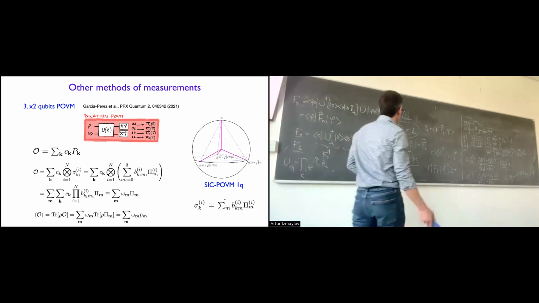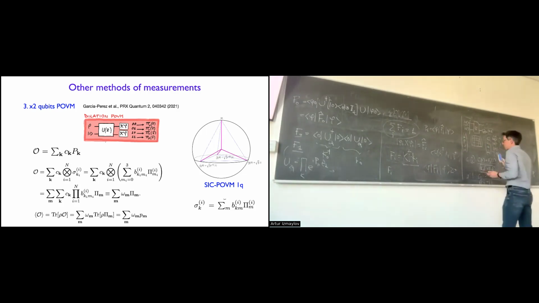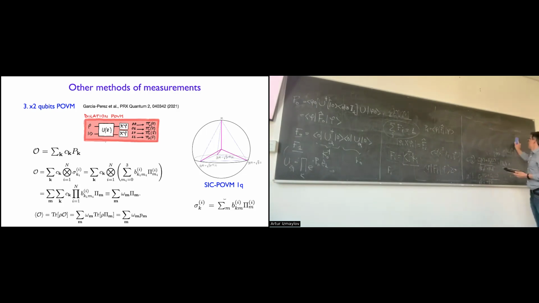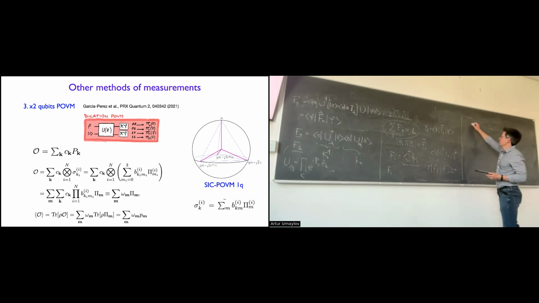Okay. Now, for us, what will be important is this notion of information completeness that was used in this work. The idea is that, let's say we use a PVM again, with projection 0 or 1, those are the projectors, right?